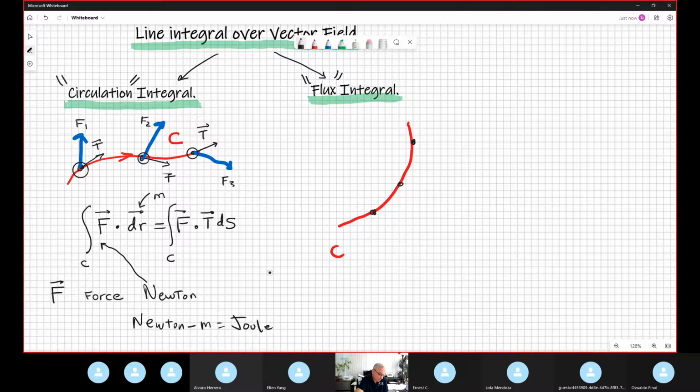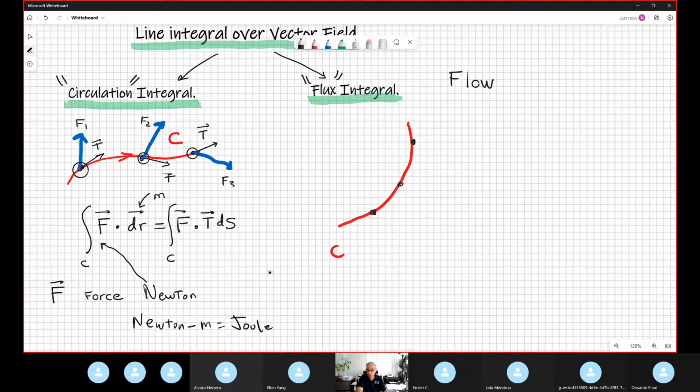It is very complicated to understand this, but I try. Flux is the amount of something. This something depends on the vector field. Maybe it is water, because it is the flow of water. So it's important that you understand two words: flux and flow. Flux is the amount of something.